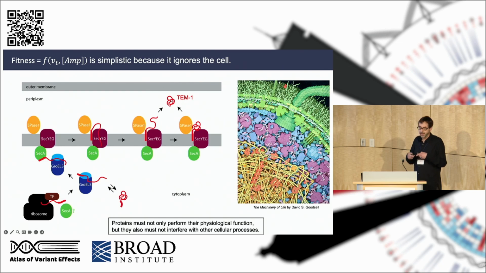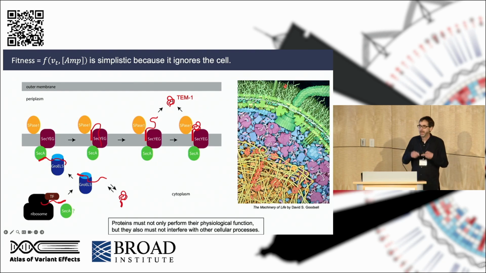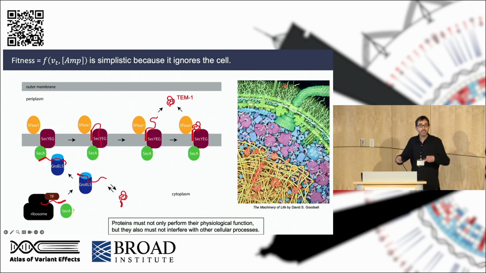And so the mutation might cause the protein to aggregate, or cause a misinteraction with some other protein, or because it's aggregating, cause chaperones to be titrated out, and that has a growth effect, or might induce a stress response, and induction of that stress response causes an effect.